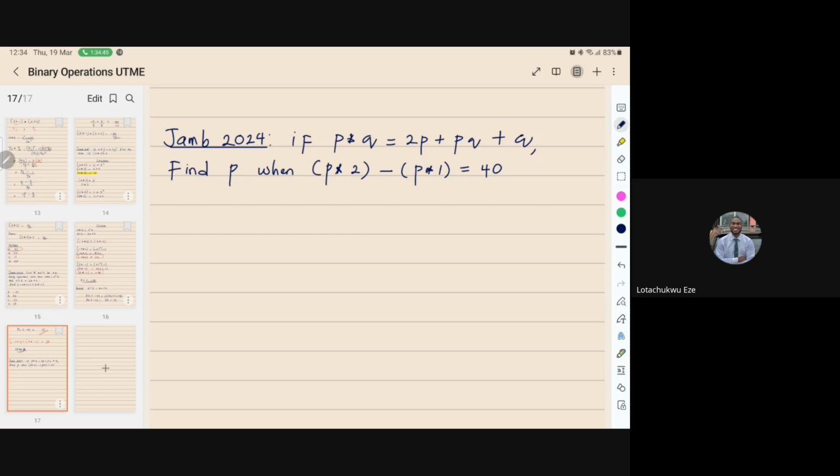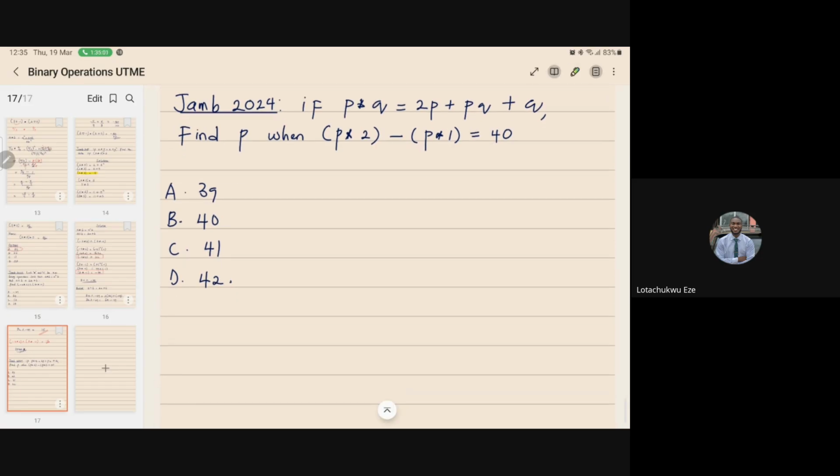Are you seeing what is happening there now? So they gave us the options. A is 39, B is 40, C is 41, and D is 42.